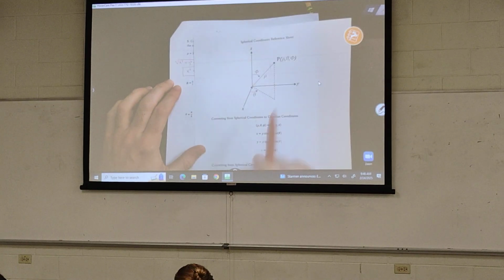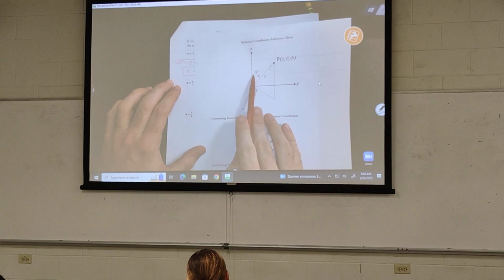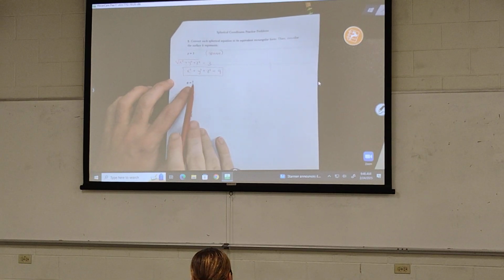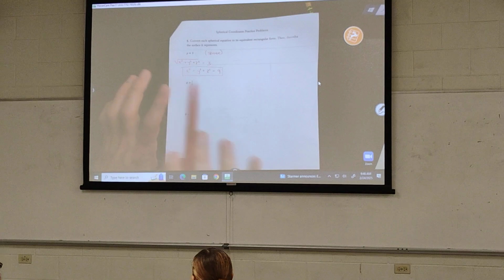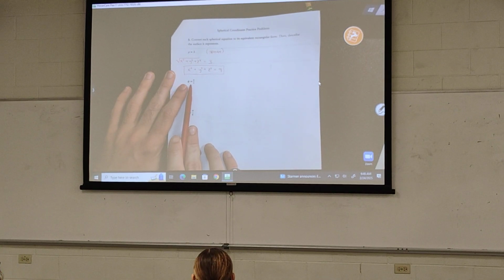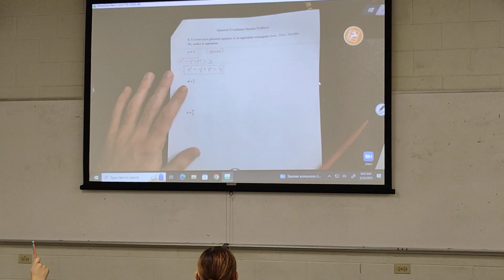So coming back over here, I have phi equals the angle coming down from the positive z-axis. I hinted last time that phi equals something could be a half cone. But let's think about this equation specifically. What is phi equals pi over 2?